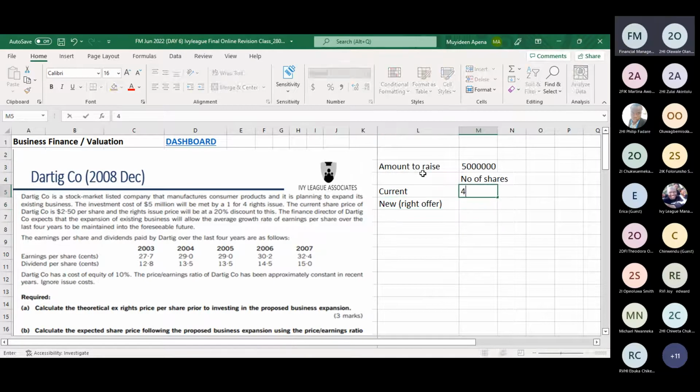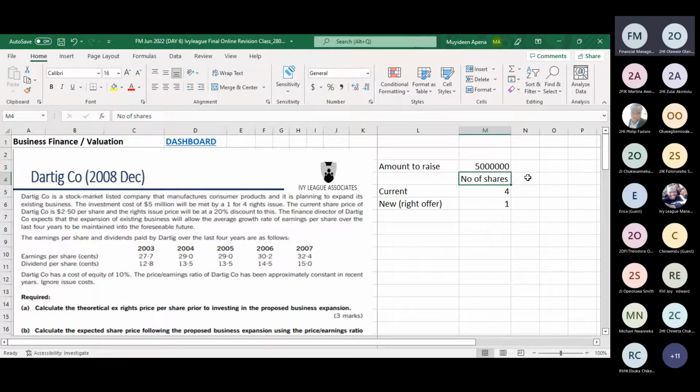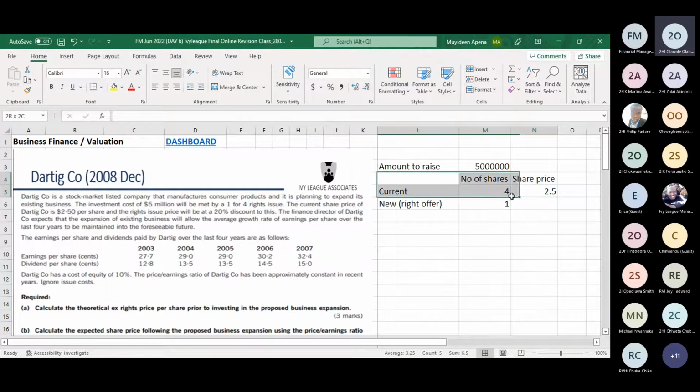So for every 4, you get 1 new one. That's what we are told. And then what is the price? Current share price is 2.5. And we are told that the rights will be sold at a discount of 20%.